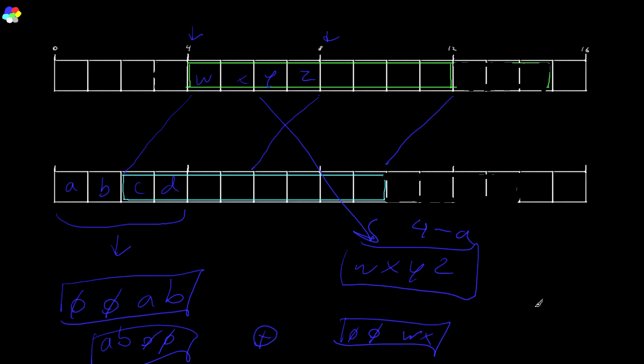Then we will OR them together, and we will get A, B, WX, which is what we want in here. We want the original values here, and we want the blit values in here. So we composite this original block and the source block to get the final destination block here. And then we proceed as before.